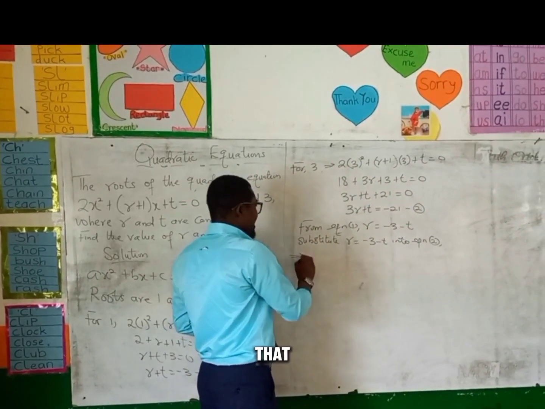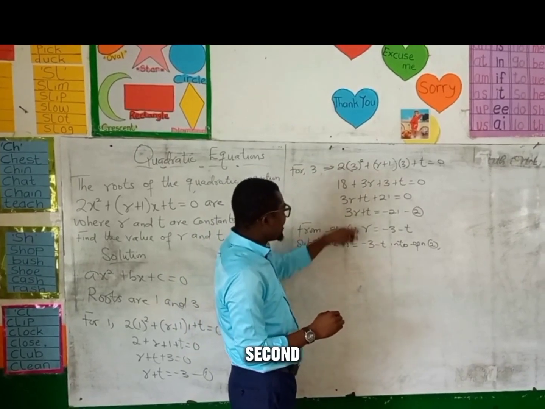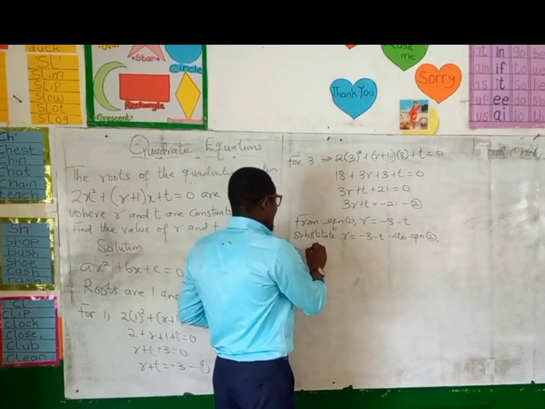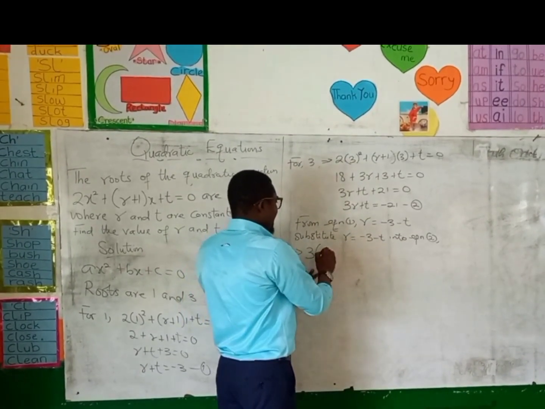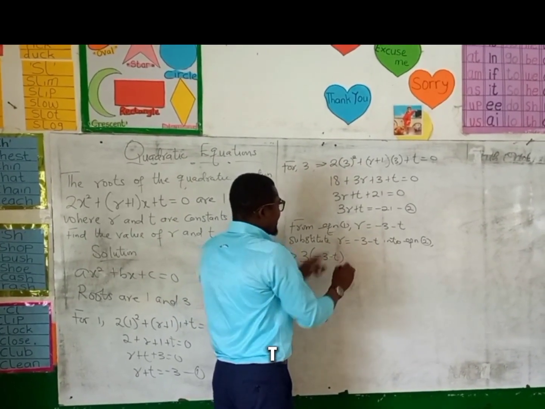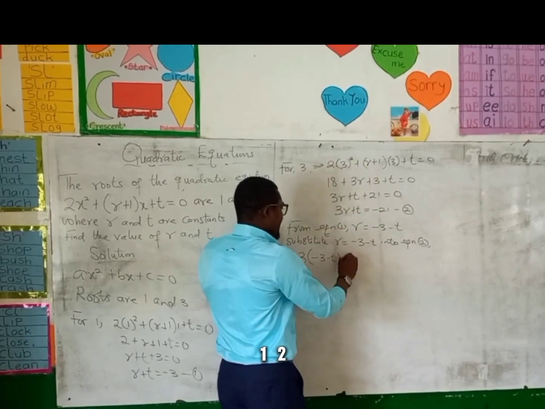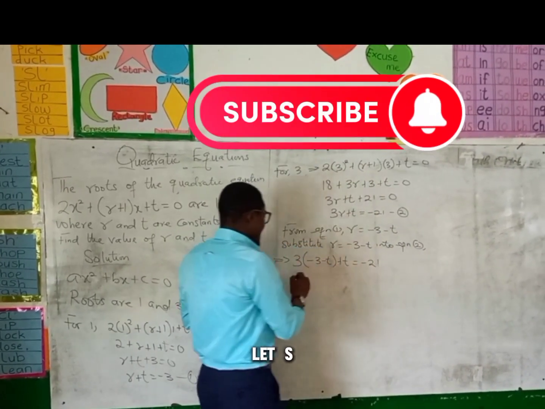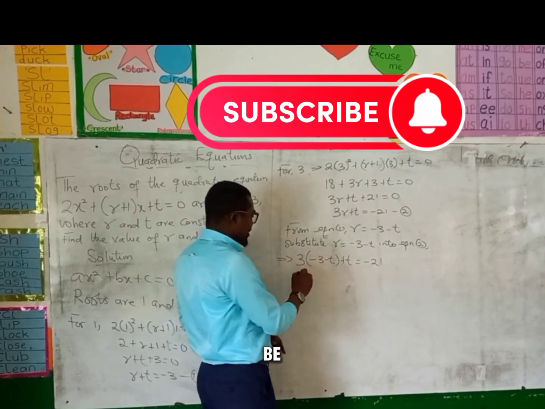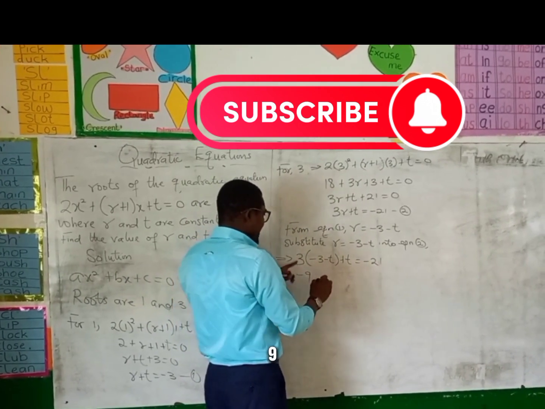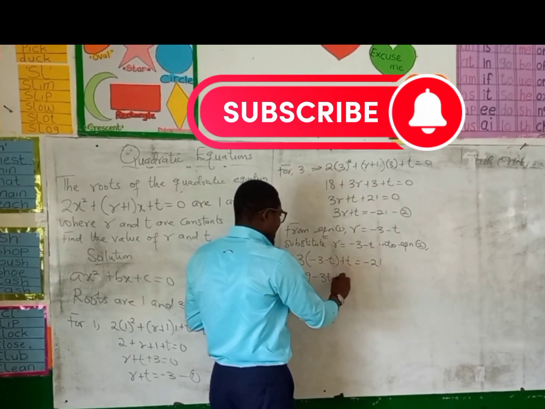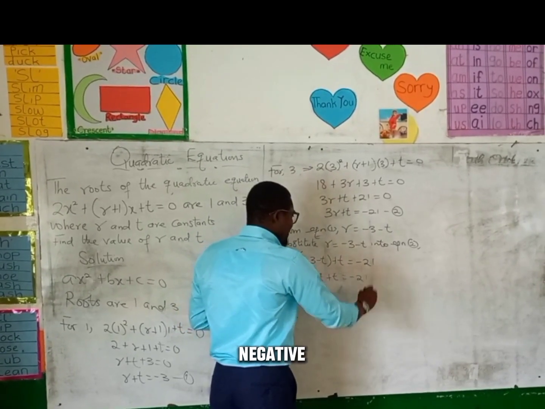So in place of r in the second equation, I will have to put in negative 3 minus t. This means that 3 will multiply negative 3 minus t, that's my r, then I have plus t, and that's equal to negative 21. Let's expand this. 3 times negative 3 gives negative 9. 3 times negative t gives negative 3t, plus t, and that's equal to negative 21.